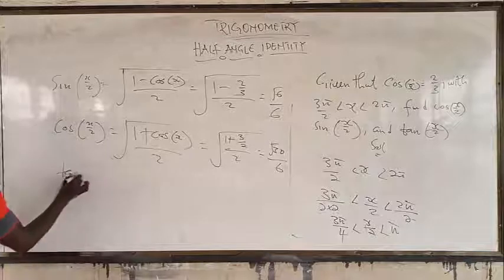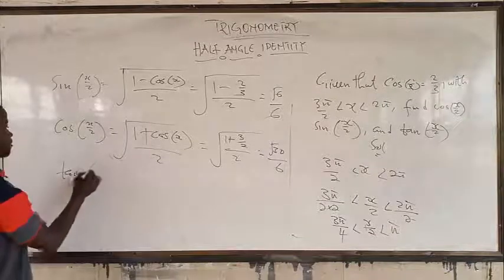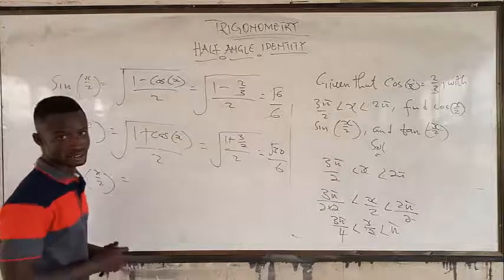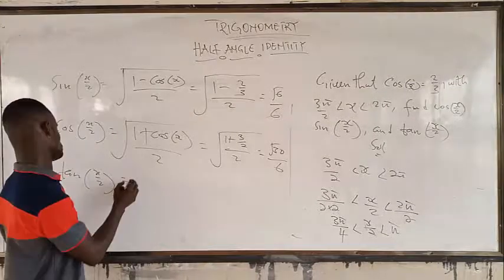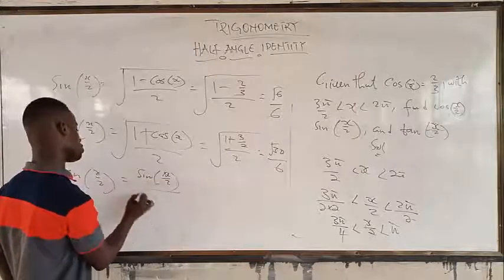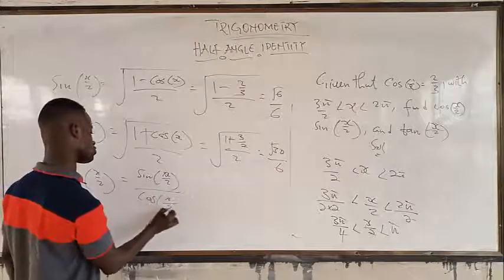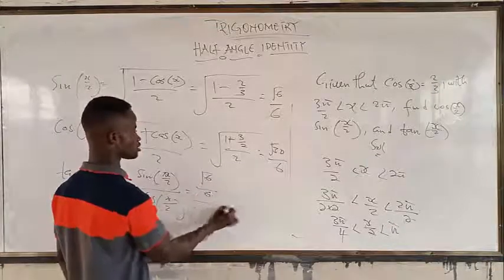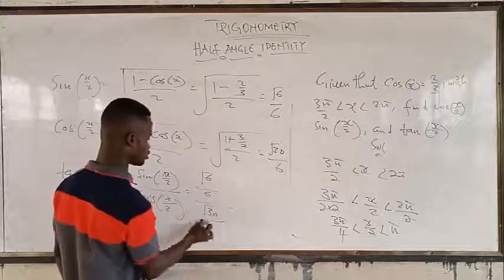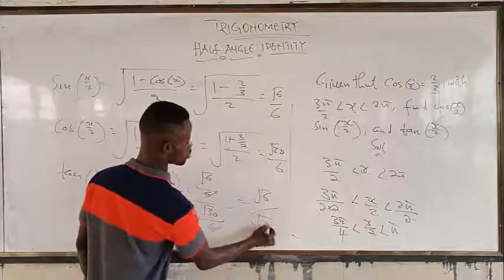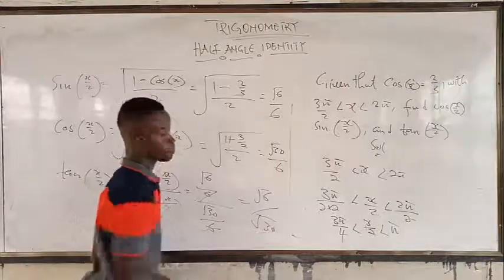Then lastly, you go for tan X over 2. And that is sine X over 2 over cos X over 2. And that's going to be square root of 6 over 6 over square root of 30 over 6. This cancels with this, giving square root of 6 over square root of 30.